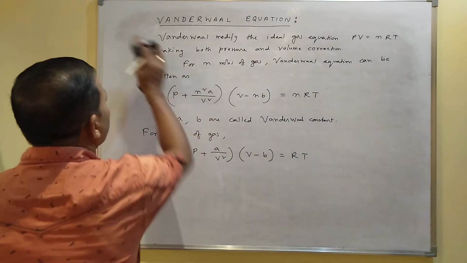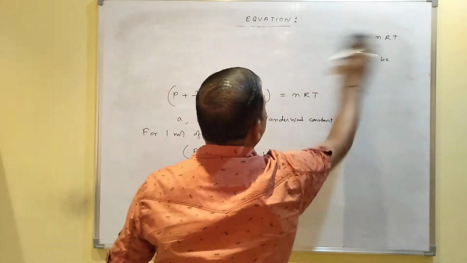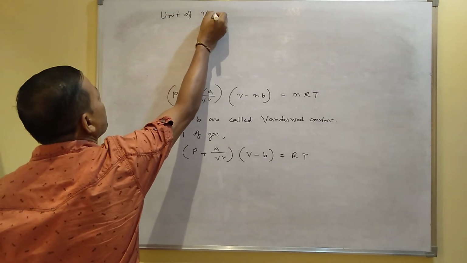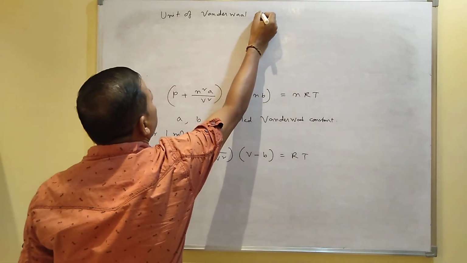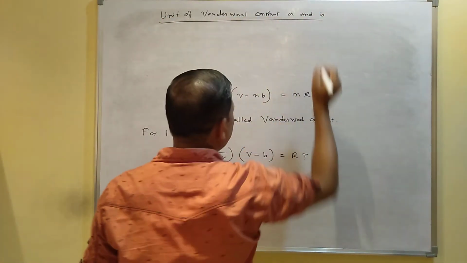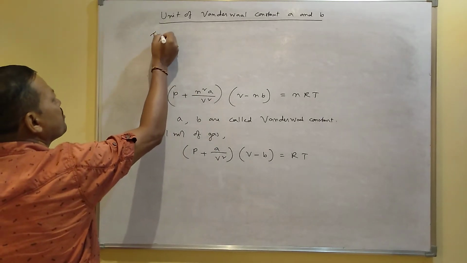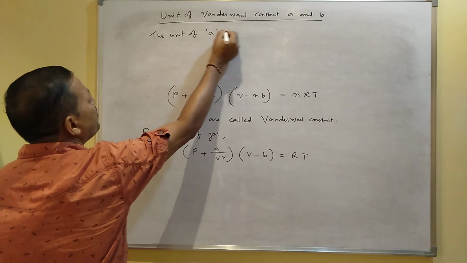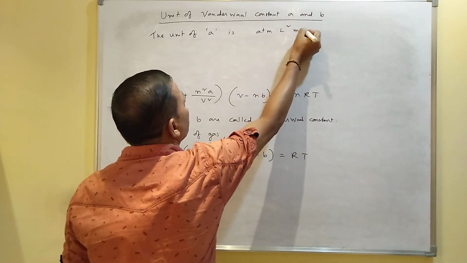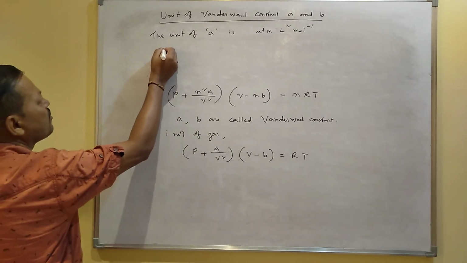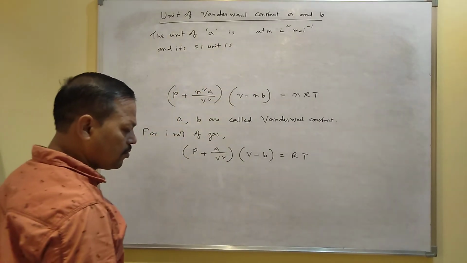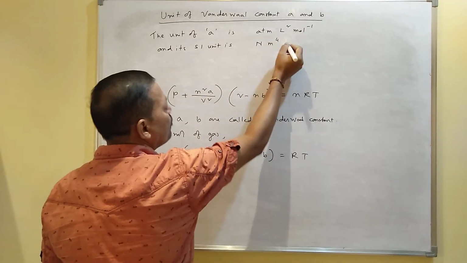Now the units of van der Waals constants A and B. The unit of A is atmosphere liter squared per mole, and its SI unit is Newton meter to the power 4 per mole.